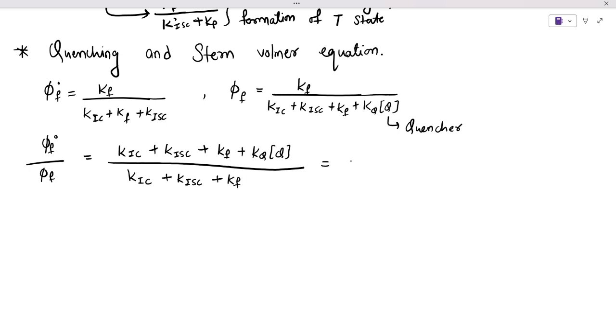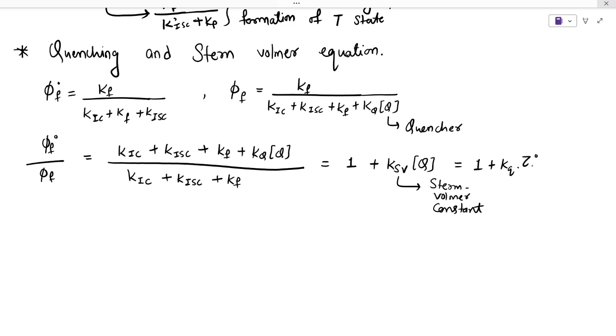In short, we can write it as 1 plus KSV times Q. Here KSV is the Stern-Volmer constant, which can also be written as 1 plus kq times tau naught F times Q.